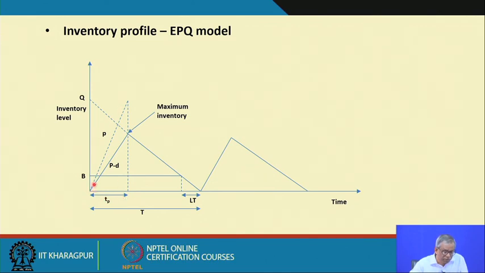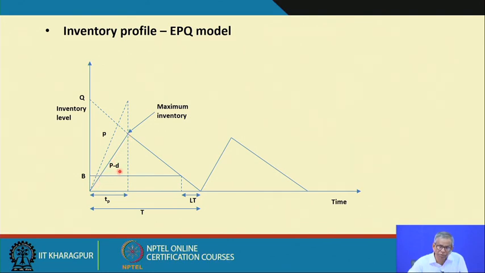At a production rate P, the inventory is supposed to pile up, but what is happening is that you will never reach this point, because as you start producing at a rate P, you also start consuming it. That means there is a demand, and the demand rate is small d. So actually the inventory picks up in this manner at this rate.